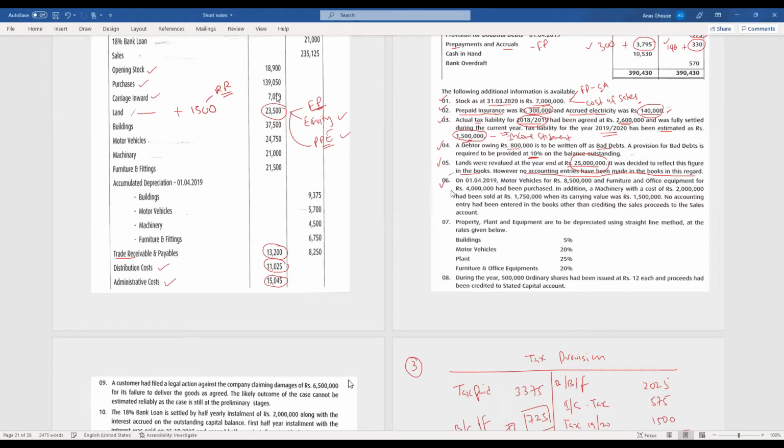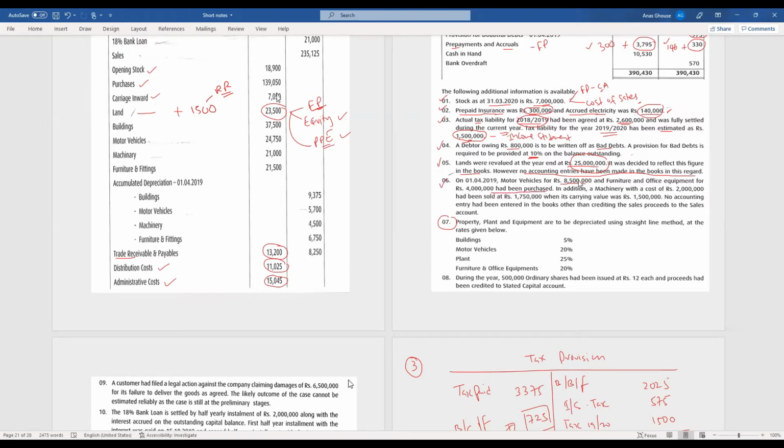This will take some time because this particular note relates to note number 7 as well, because of the depreciation. So we'll try to calculate the depreciation based on the information given. On 1st April 2019, a motor vehicle for 8,500,000 and furniture and office equipment for 4 million had been purchased.